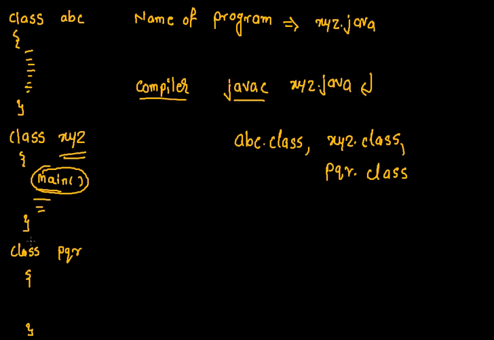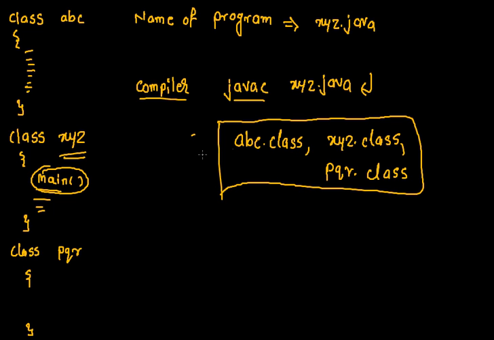If there are more classes, then more .class files will be generated. These .class files are known as the bytecode of your program. So when you compile, the system generates bytecode, and then this bytecode can be used to execute your actual code.